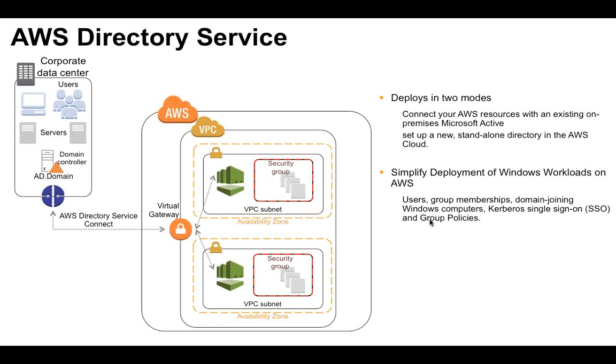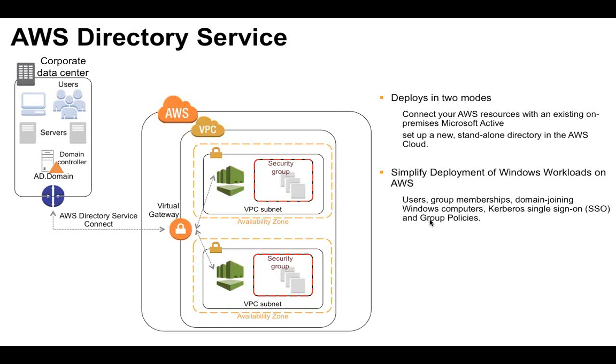You can also have a lightweight standalone directory where you can have your EC2 instances connect to this directory for things like group memberships, joining a domain, for Kerberos single sign-on, group policies, etc. This becomes necessary for some workloads such as Microsoft SharePoint, or if you're using critical applications that need to leverage your internal or your corporate credentials.